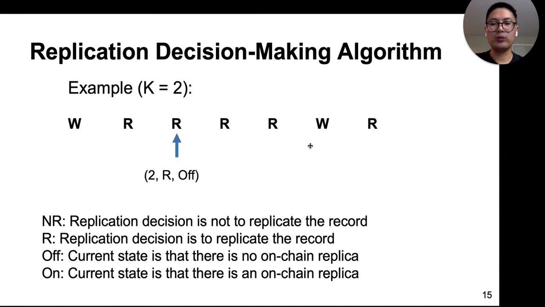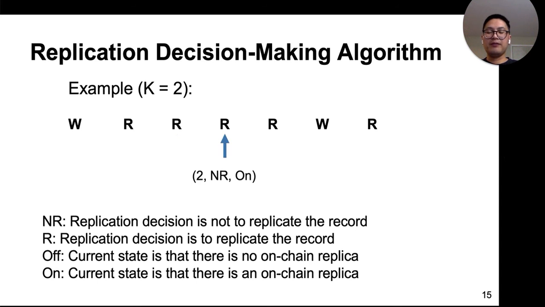On the second read, we will replicate it. And the third and fourth reads will be served on-chain. For the second write, we reset the counter, and we don't replicate the data feed. And for the last read, we don't replicate the data feed.